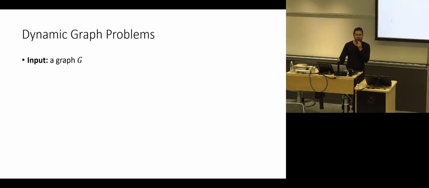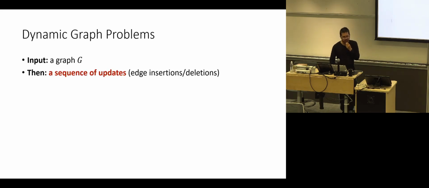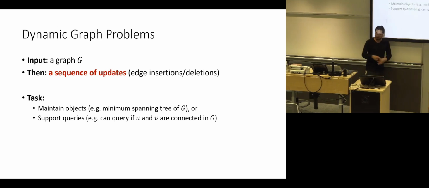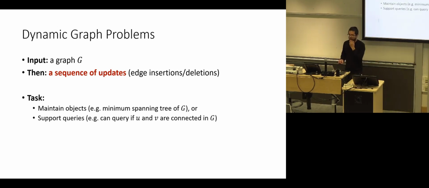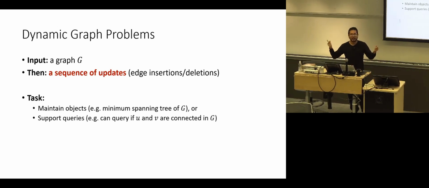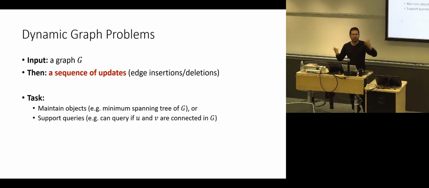What are dynamic graph problems? It's a problem where you have a graph and then some sequence of updates. You insert an edge, you delete an edge, and you can ask all kinds of things. You ask to maintain minimum spanning trees in the graph, or whether U and V are still connected, or what the distance between U and V is, and so on.